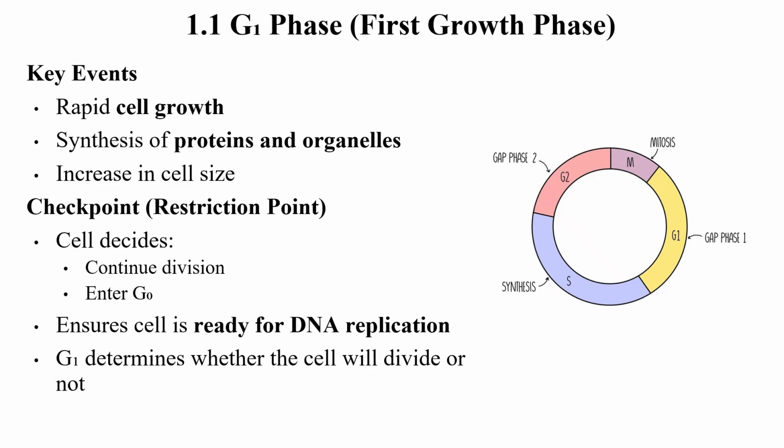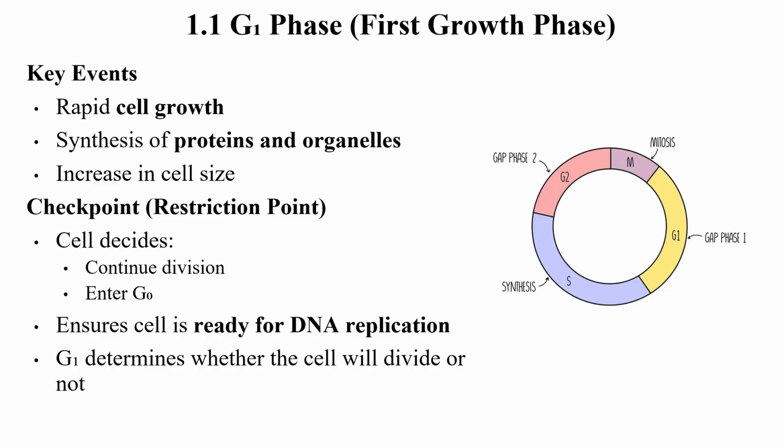Here the cell decides whether to continue division or enter the G0 phase. The cell checks nutrients, growth signals, and DNA damage. G0 phase is the resting or quiescent stage.